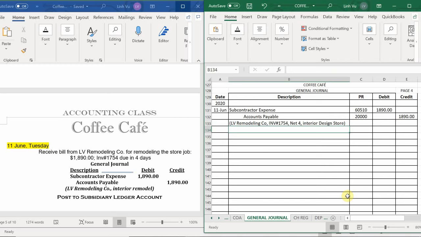This is basically for services, right? You can't really use a purchase order for services. You could, but it's just not as common.